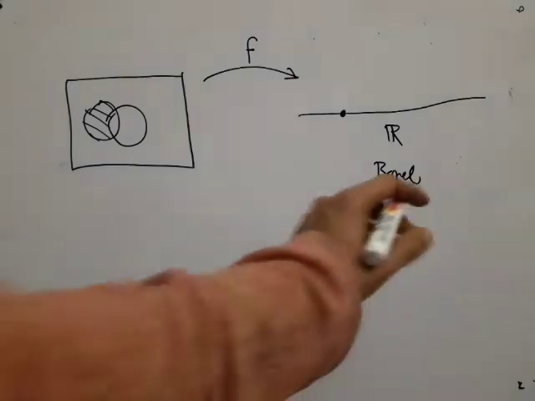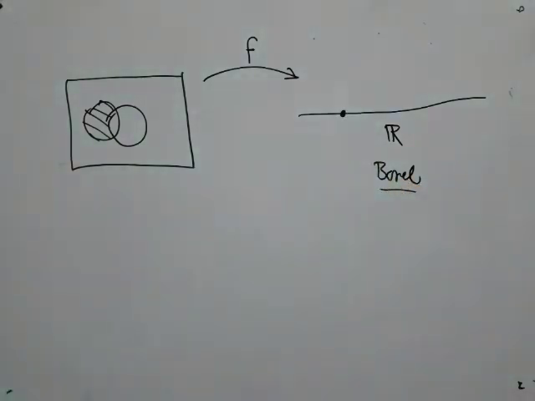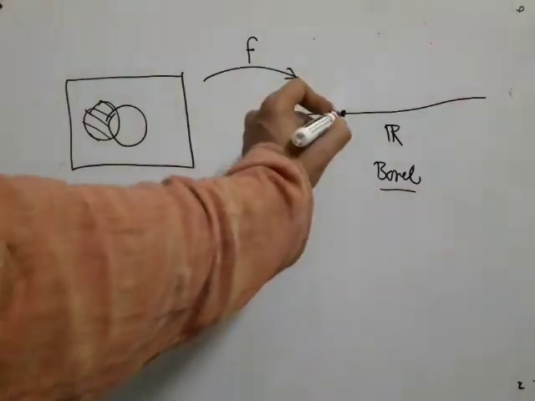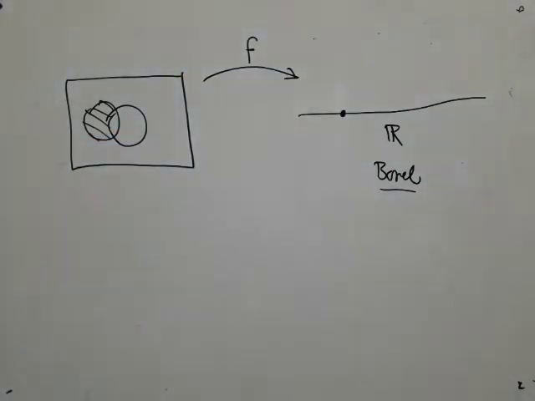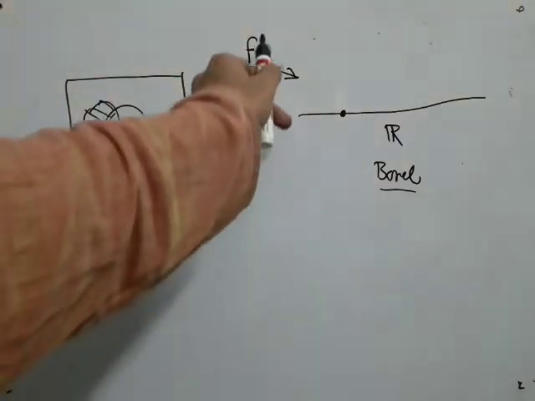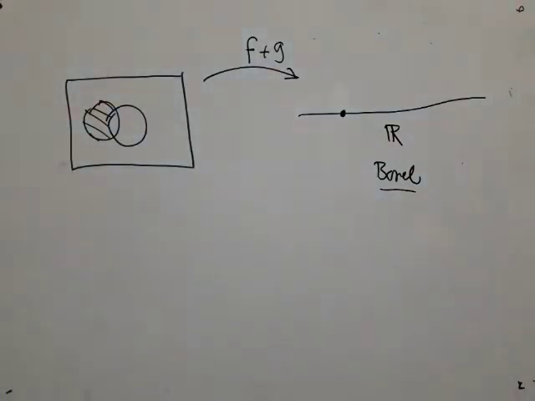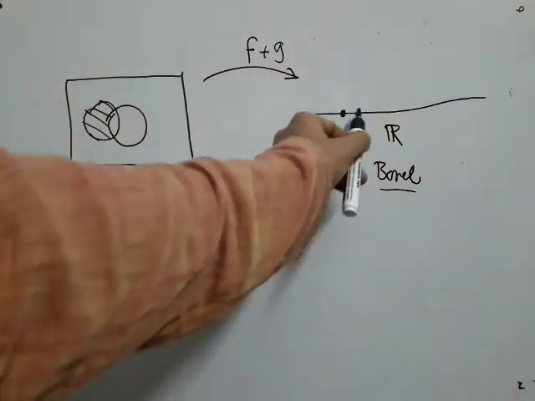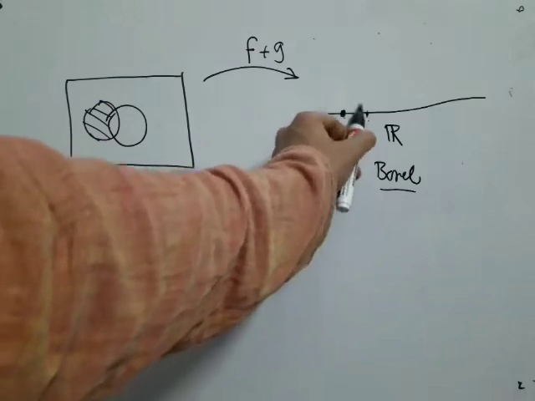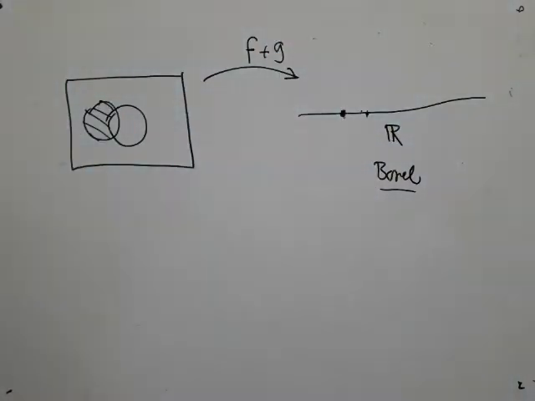In particular, you do not need to have the Borel sigma algebra. Any sigma algebra where the singletons are measurable has this property. It must be constant. In this special case, f plus g will also be measurable, because if you take a singleton here and a singleton here and add them, you get yet another singleton.